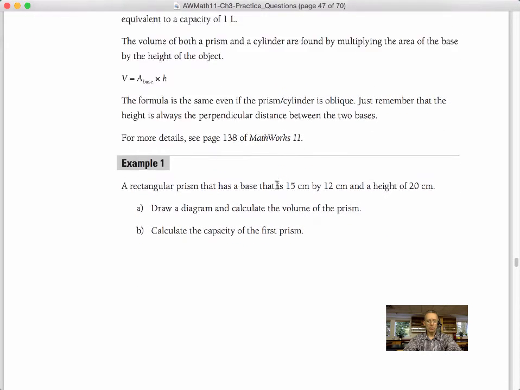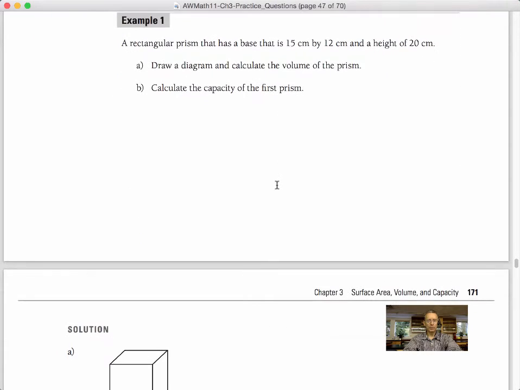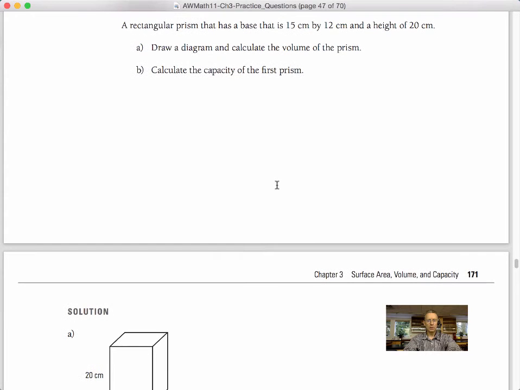So let's see, example 1. We have a rectangular prism that has a base of 15 centimeters by 12 centimeters and a height of 20. So it's best to draw a diagram. Diagrams are always a good idea. I'm not sure how well I can draw, but let's try.